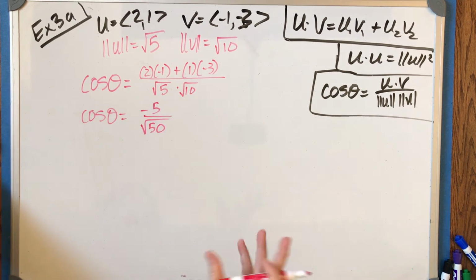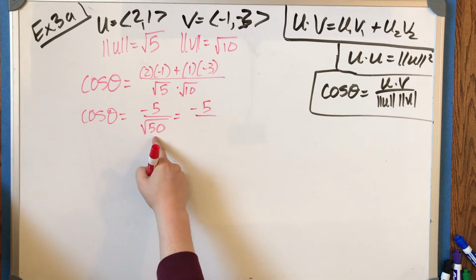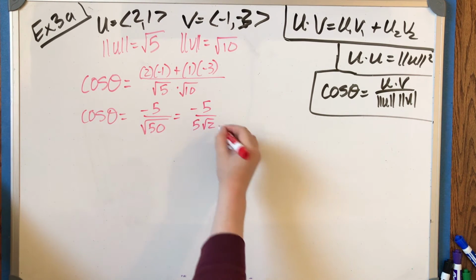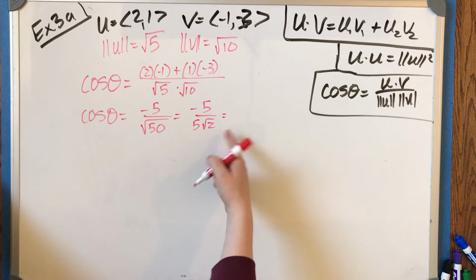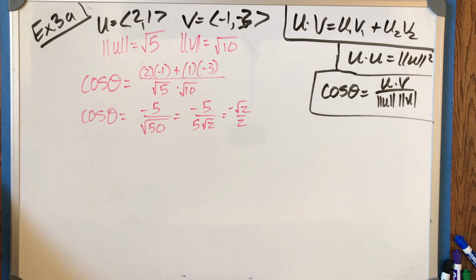And remember, we can multiply the insides of square roots together. And I can simplify as well. There's 25 in there. I can pull it out as a 5, so I'll be left with the square root of 2. So I end up getting that this is actually negative square root of 2 over 2.